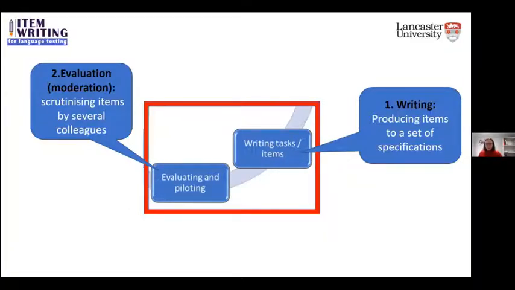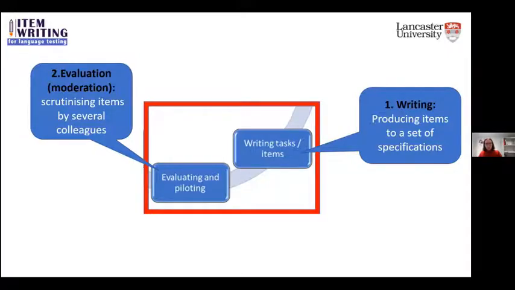So it doesn't make sense to pilot items which can be rejected at the moderation stage. If those obviously flawed items were rejected during moderation, our resources won't be wasted on trialing these items, so the trialing will be much more efficient.